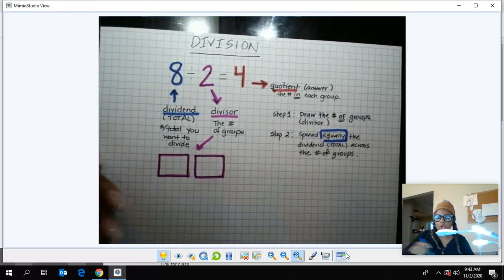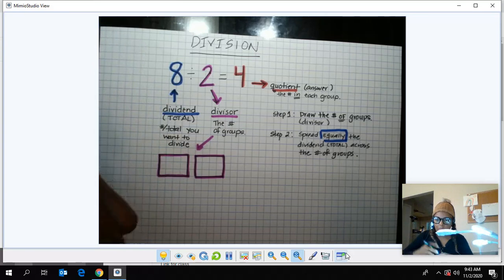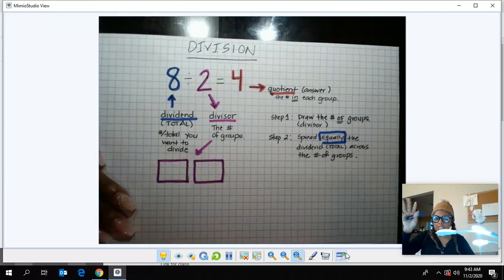Watch this. When you begin to spread your dividend across your divisor, the best way to do it is to give each group a tally and stop when you get to your total. Let me show you what that looks like.